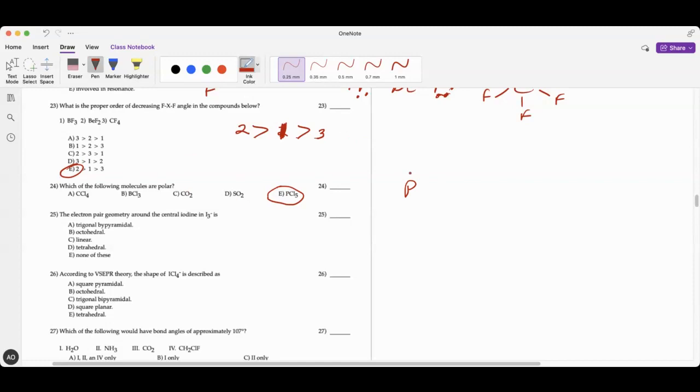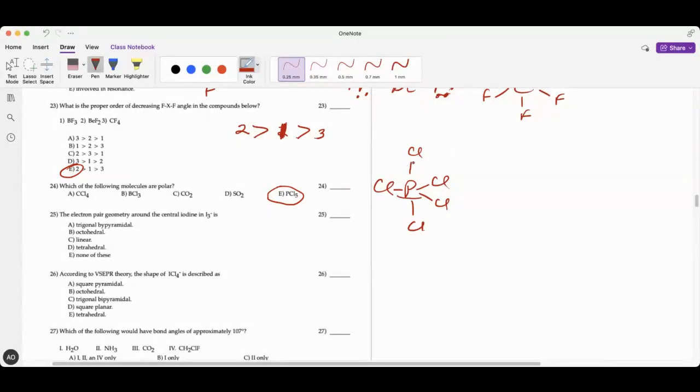I'm going to go ahead and draw E. We have five chlorines around the center, and I'm not going to put the electrons on the chlorine, but this is a trigonal bipyramidal shape, right? We have the equatorial bonds and the axial bonds here.